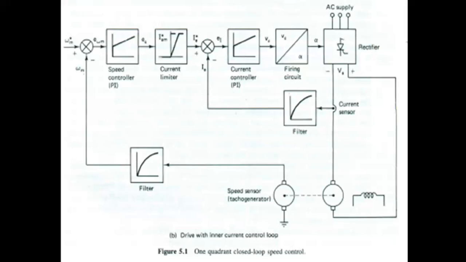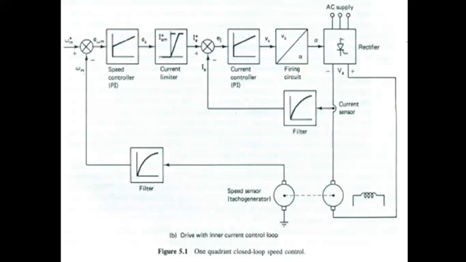If you take any large positive error, the current limiter saturates and the current reference IA star is limited to a value IAX star. Whatever the driving circuit, this is not allowed to exceed the maximum permissible value.